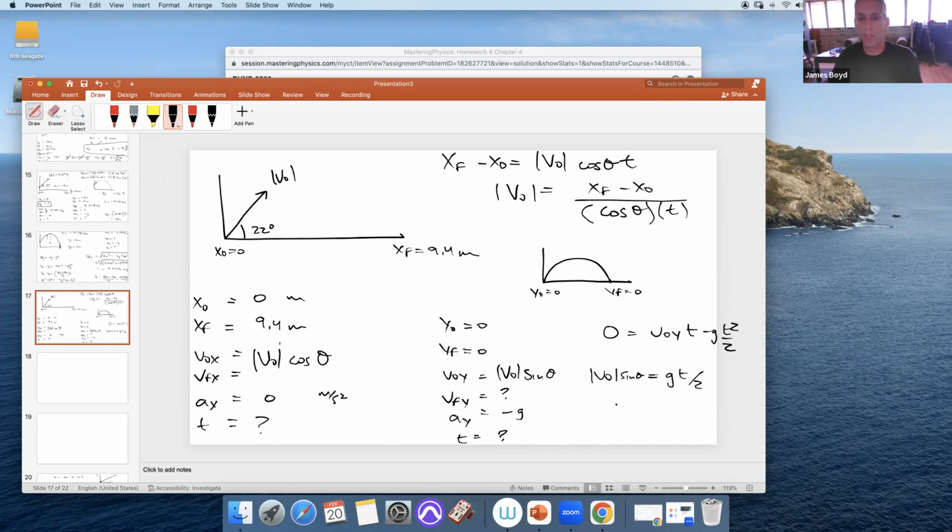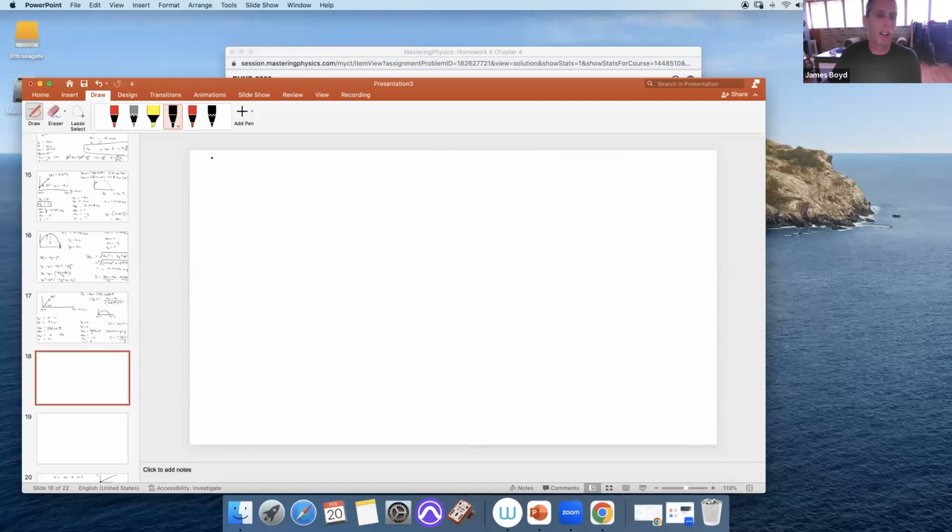Okay, so what we get is that T is 2 times V naught sine theta, multiplied through by 2, divided through by G, over G. I'm going to plug that in here. So I have that T is V naught sine theta with a 2 over G, right?